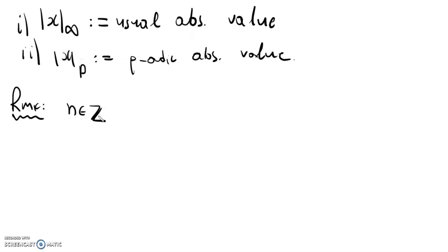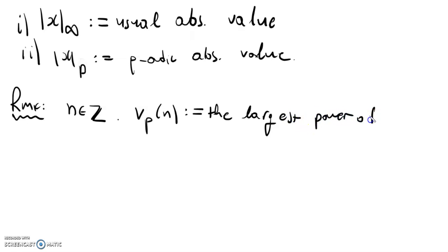Let n be an arbitrary integer, and we define Vp of n, most of the time referred to as the p-adic valuation of n, to be the largest power of p that divides n.